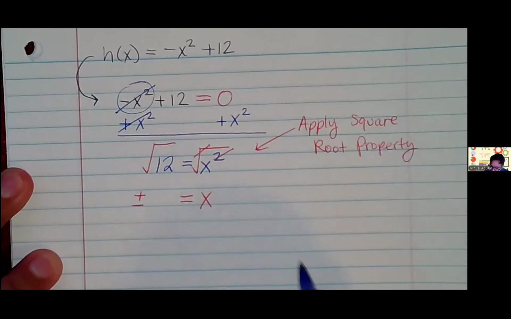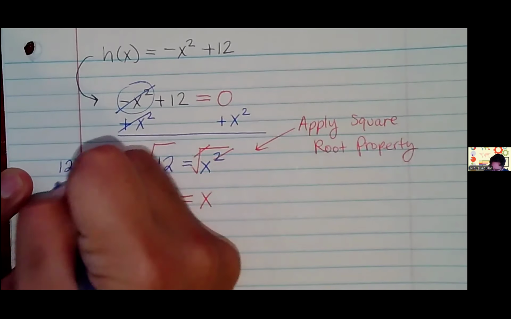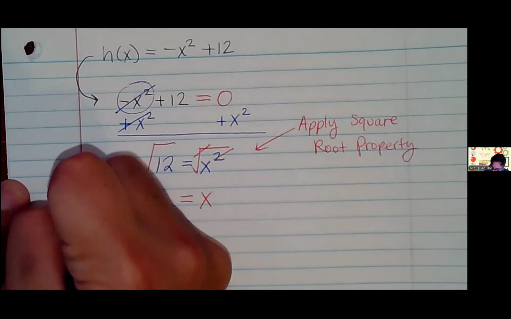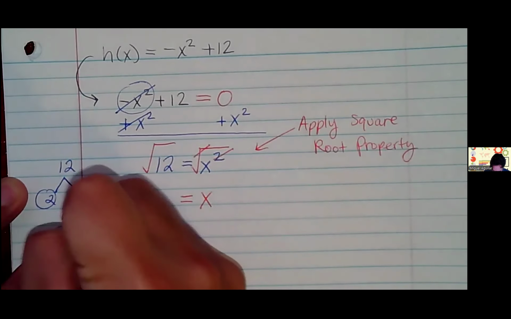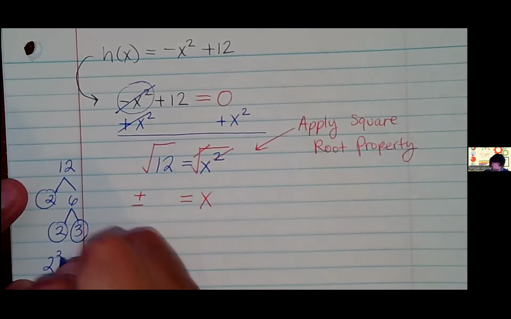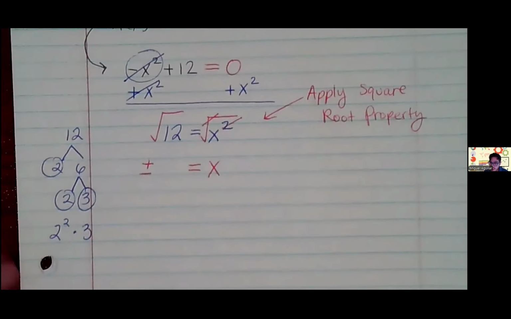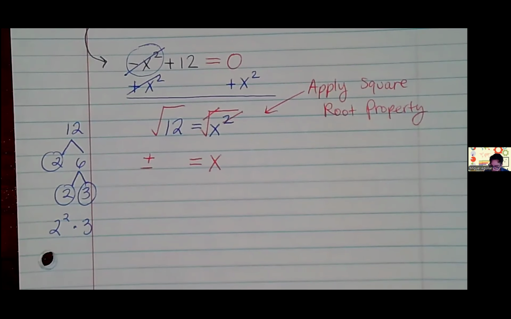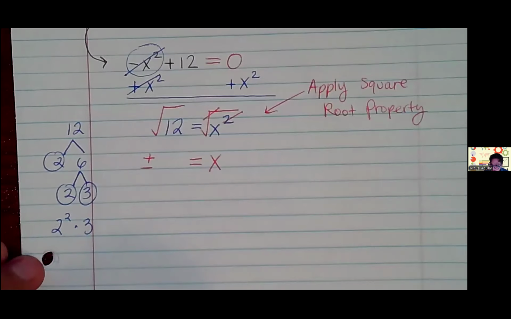No. So that tells us we're going to have to make a prime factor tree for 12. So 2 times 6, 2 times 3, and then this is just 2 squared times 3. I'm whipping through that a little bit fast, but are you guys with me there? Yes. Okay.